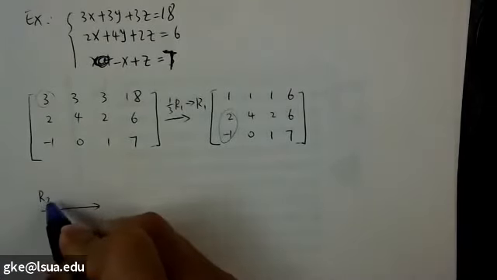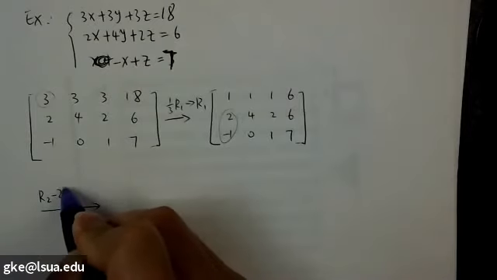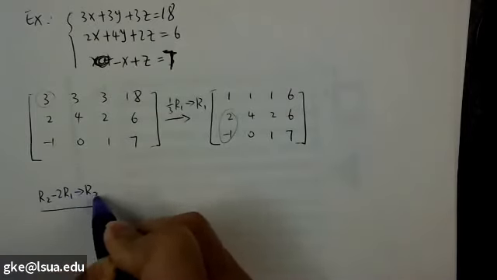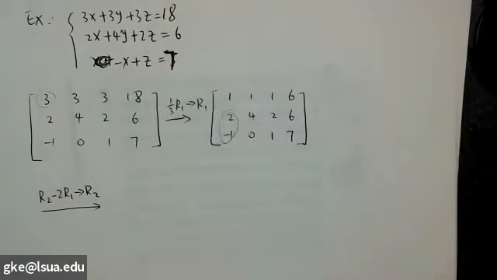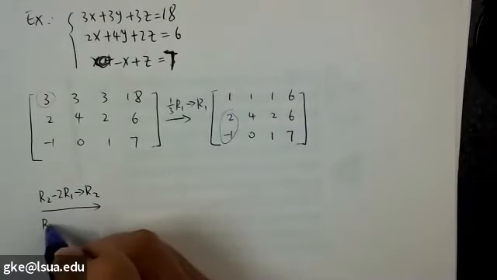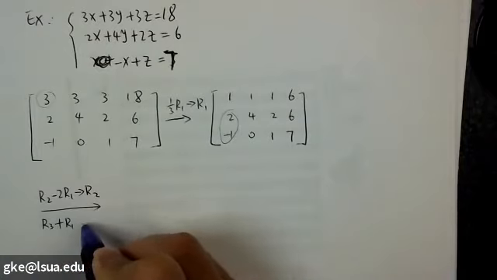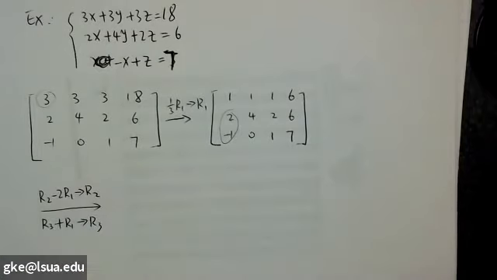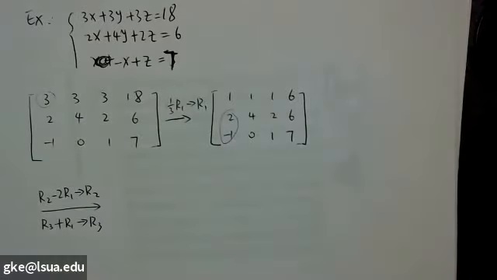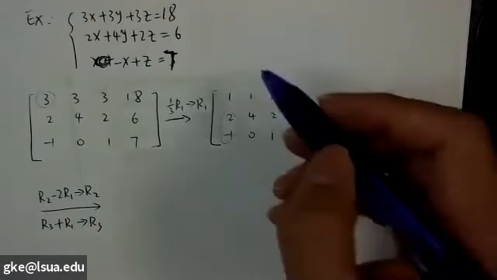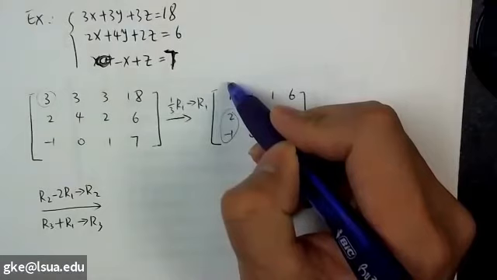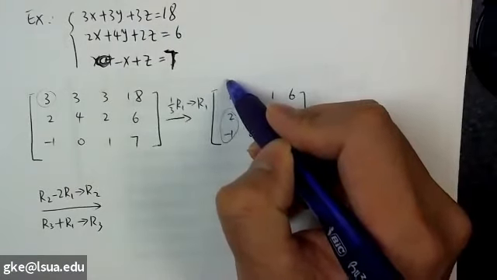R2 minus 2R1 for the R2. Because here's a 2, here's a 1. Subtract 2 times R1. Now R3 plus R1 for the R3. Okay. And for the subtraction, you multiply what? 2.